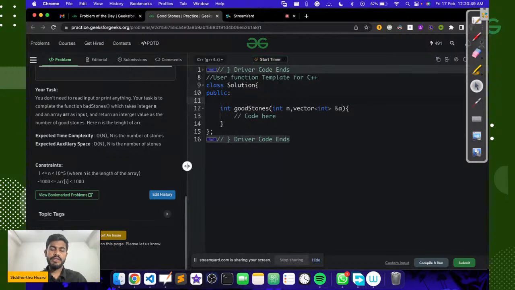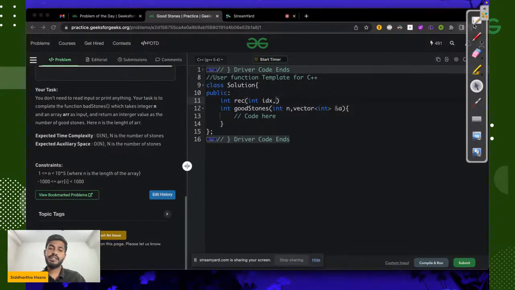First I would code the wrapper function, because this is to be understood. So we would say int rec. What all things do we need? We need the current index. This is all we need. The rest of the conditions can be copied from this point. Please remember this: the current position defines everything.